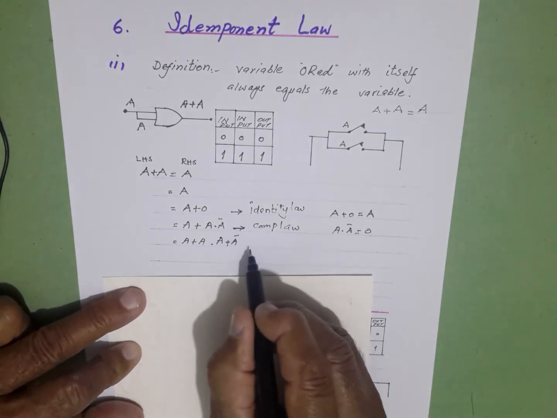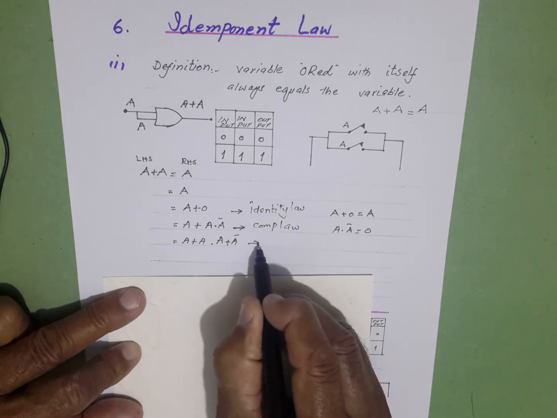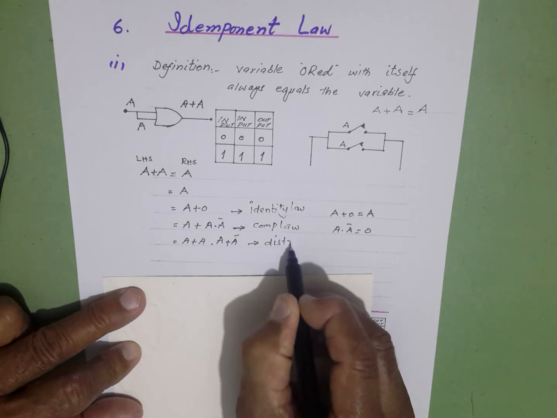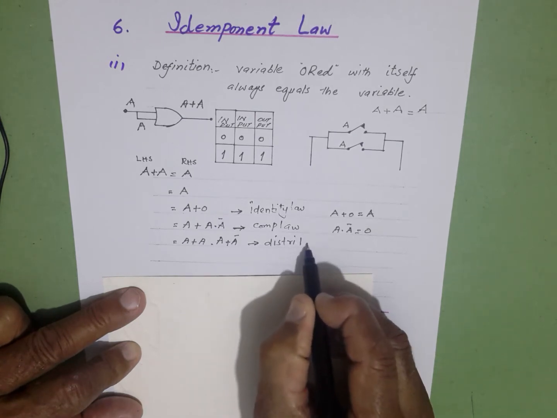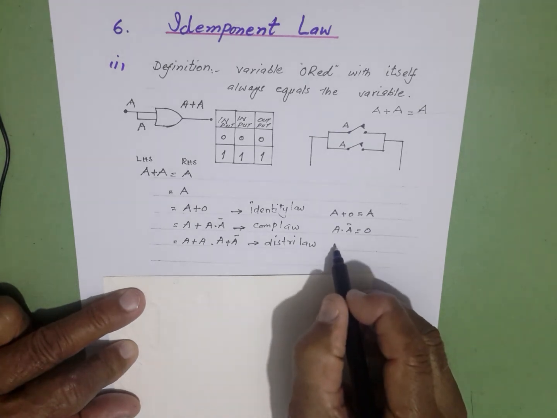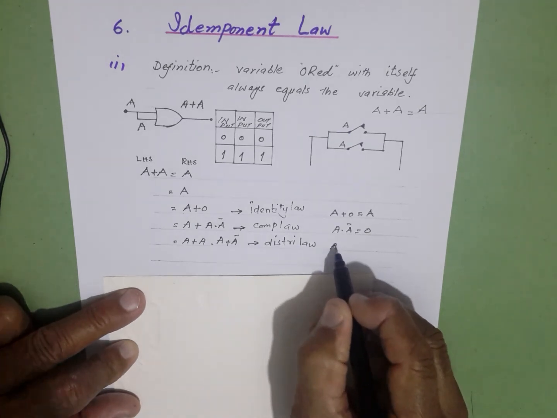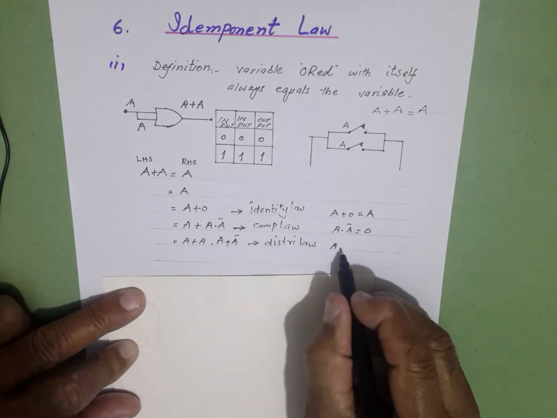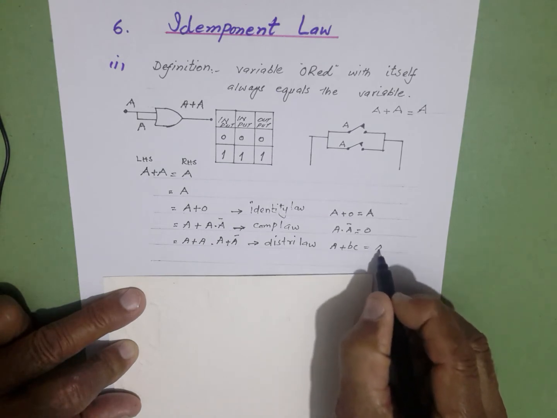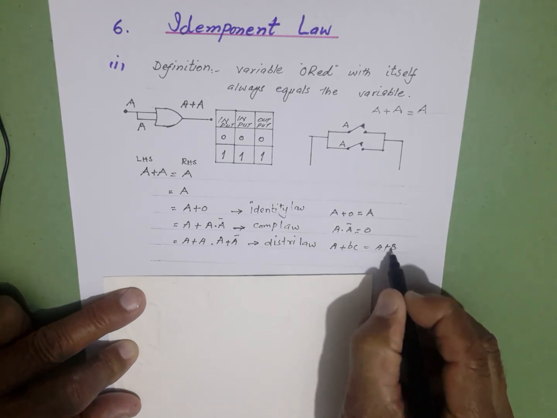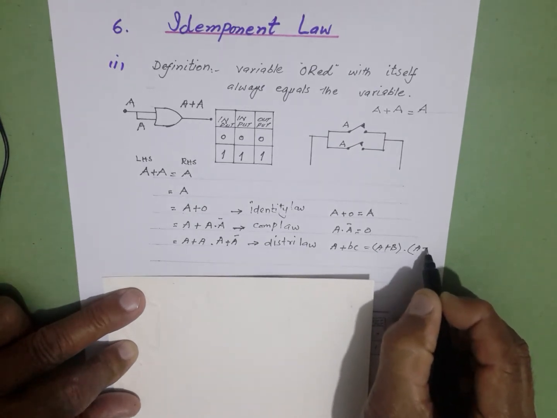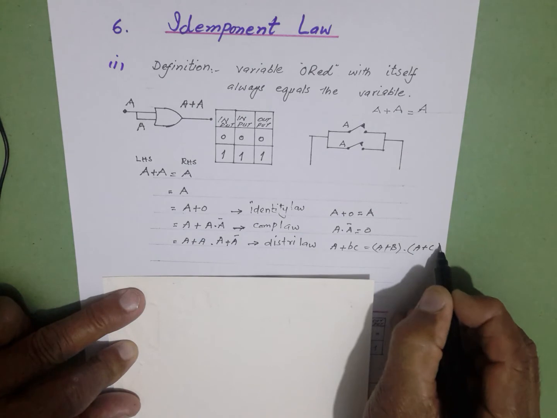Because this is nothing but distributive law. Distributive law says A plus BC is equal to A plus B into A plus C. This is distributive law.